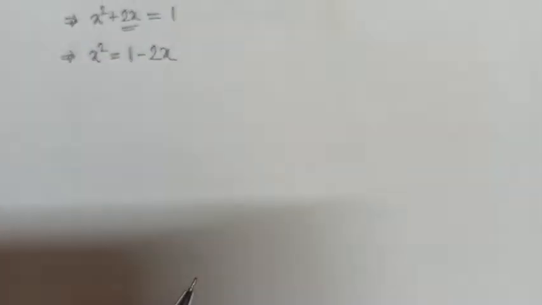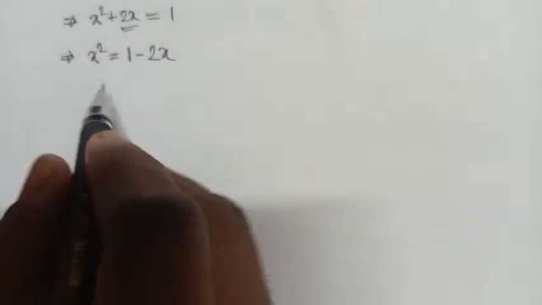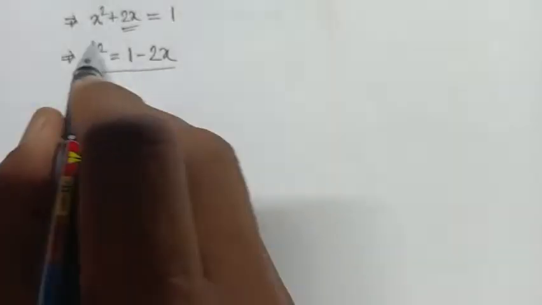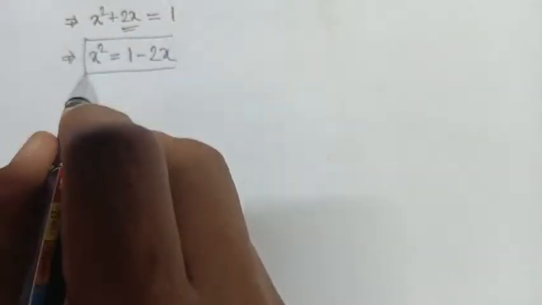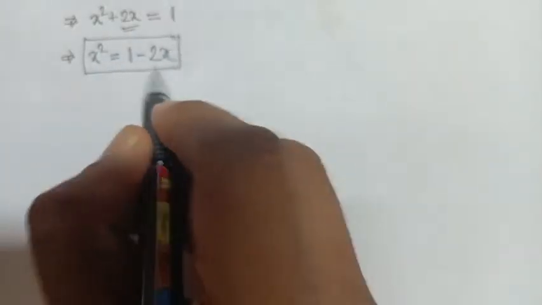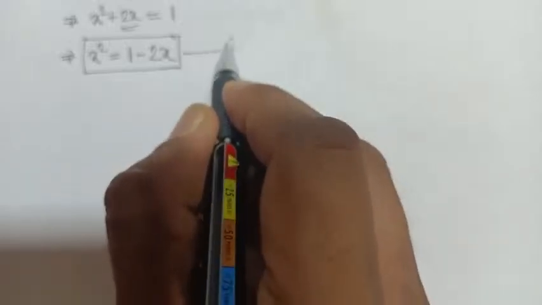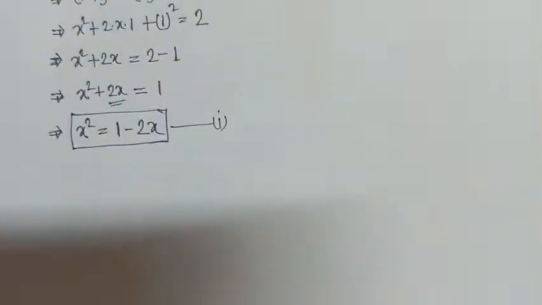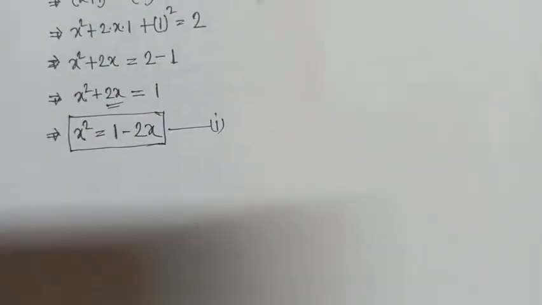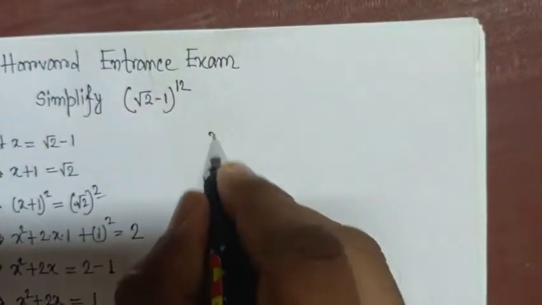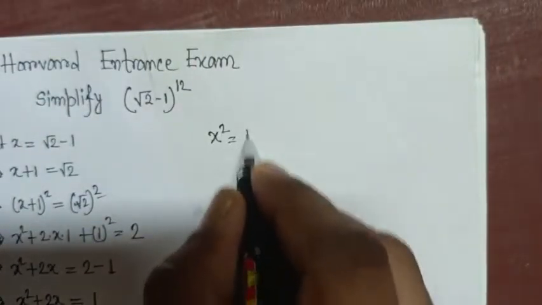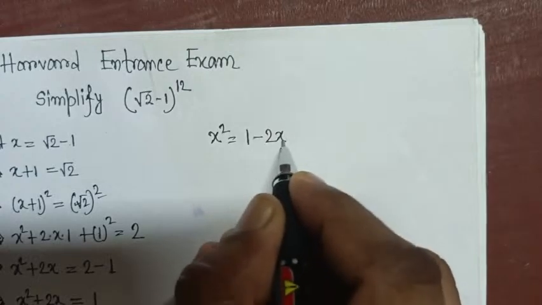So we got the value of x square, and we label it as equation 1. From equation 1 we get x square is equal to 1 minus 2x.